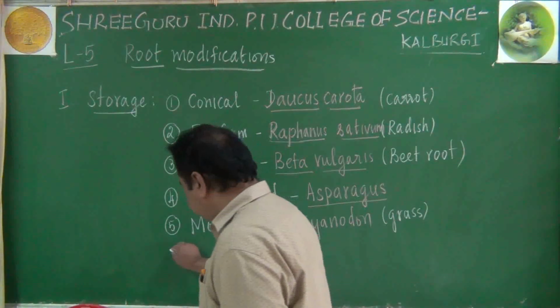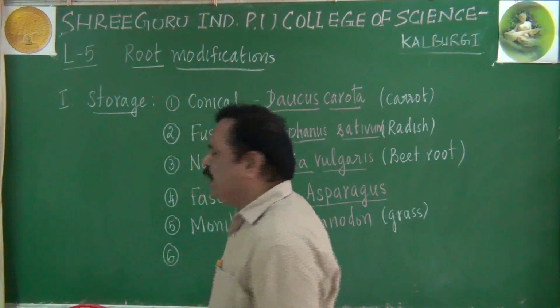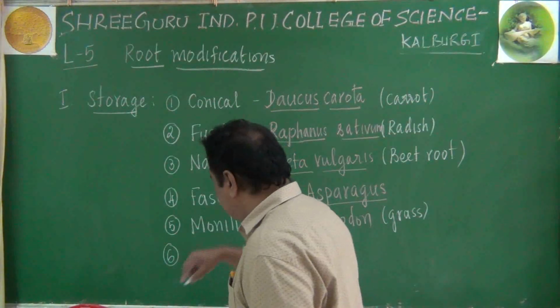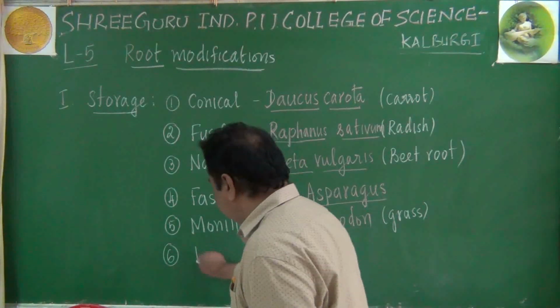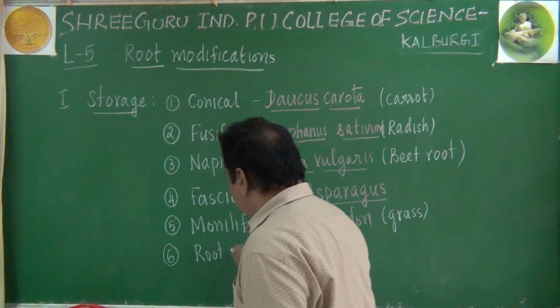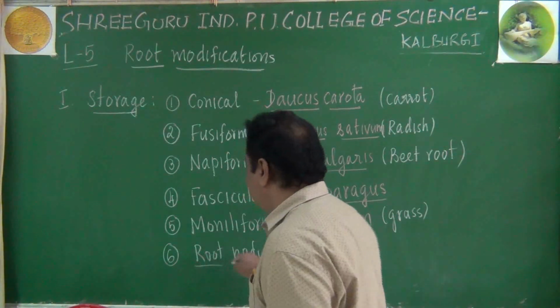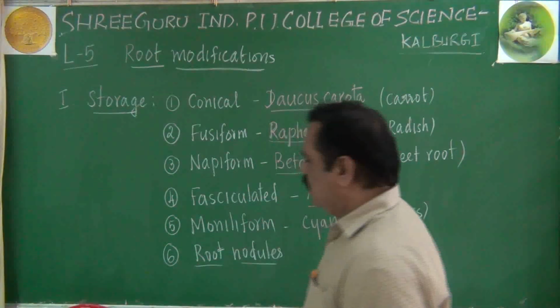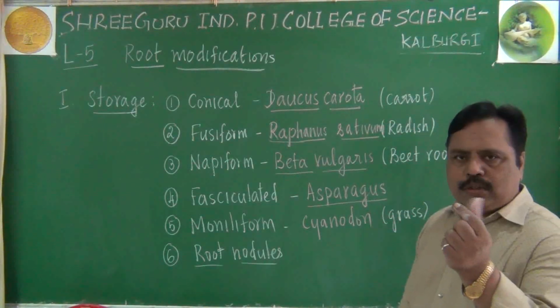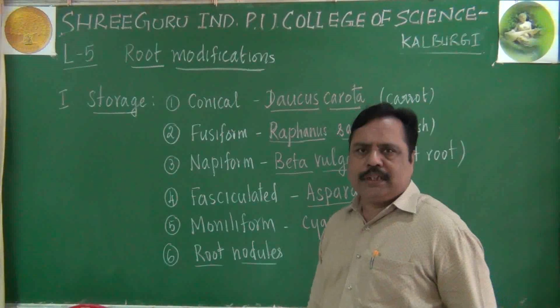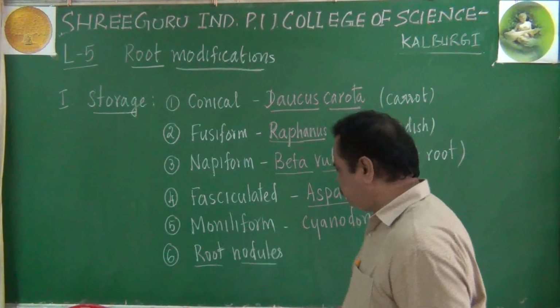Even we were seeing another modification here, nodulated root, root nodules also. Another type of example, root nodule. They will exhibit nodules in the root, or sac-like structures where nitrogen fixation can be done, I told you.